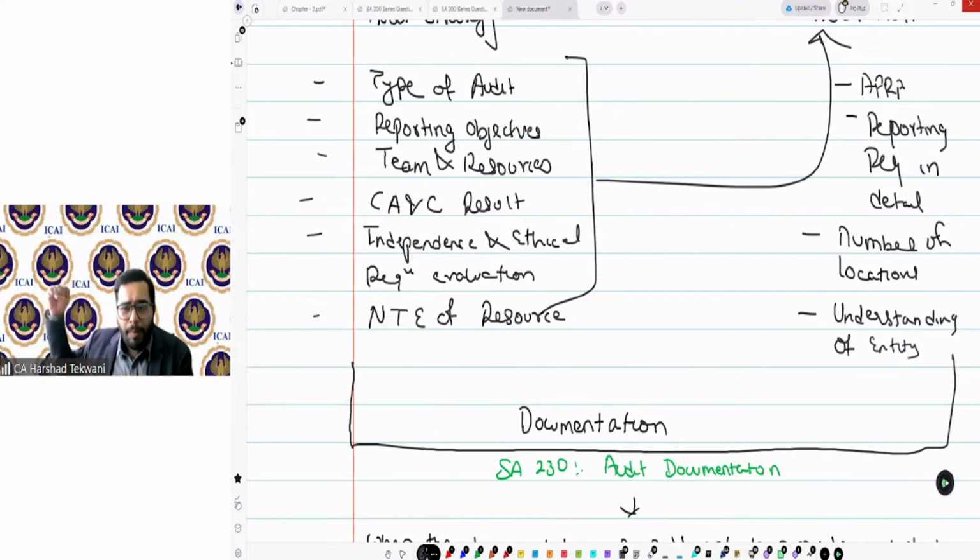And then those small milestone goals are documented in one place, that is the detailed plan. So that is how the audit plan and audit strategy are linked, and the audit plan is dependent upon the audit strategy.